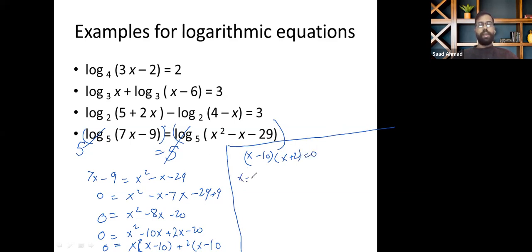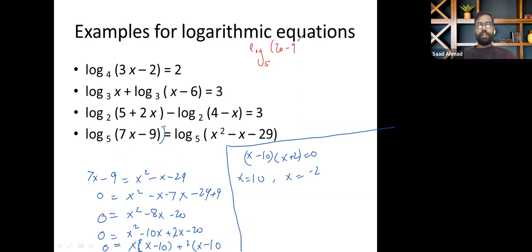And then from here we get x equals 10 and x equals negative 2. Now we need to check if these numbers work, if these are actually the solutions or they are extraneous solutions. So let's see the 10. When I plug in the 10 in that, I get log 5, and there's 10 times 7 is 70.